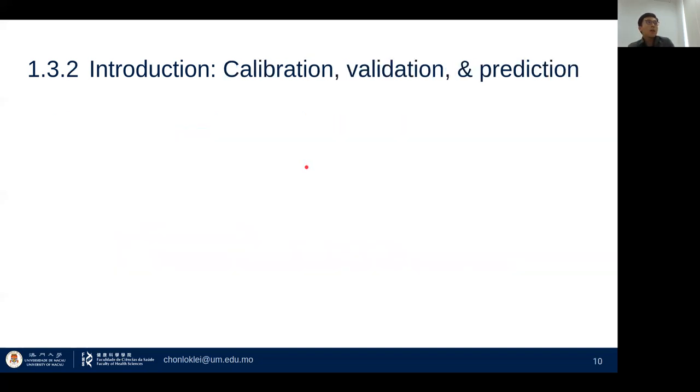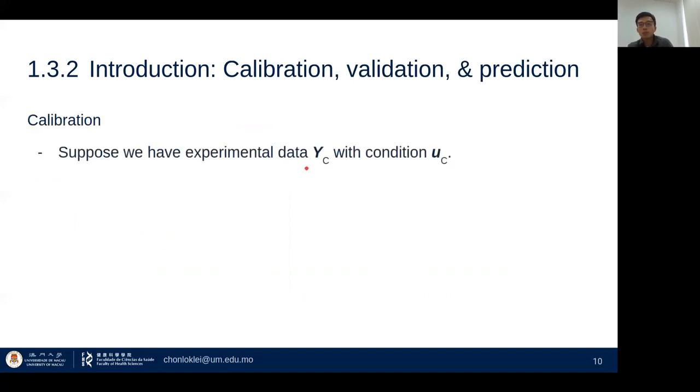Now naturally we will split the use of the model into three steps. First is the calibration. Calibration is the process where we try to learn the features, the process of building the model, if you like. Assume that we have some experimental data Y under some conditions, UC and YC, and then we try to infer the theta of the model based on these conditions and data.